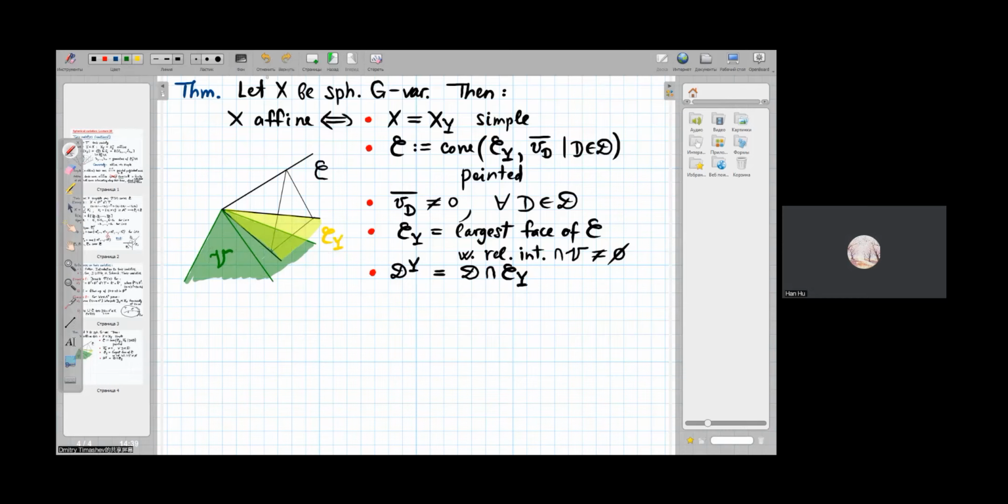Let me do it a bit more accurately like this. And by some colors, for instance, this color will also be among the generators of Cy, and the other colors, for instance, this one, we have this vector, and maybe some other, I don't know which color to use, maybe black.